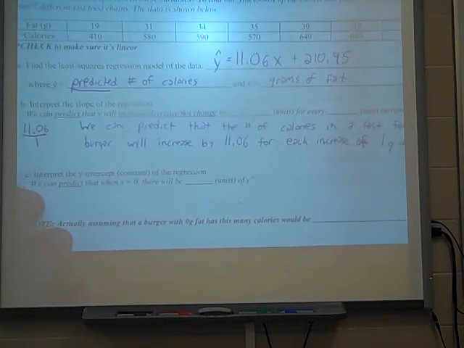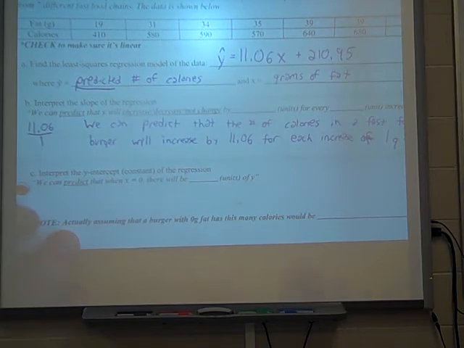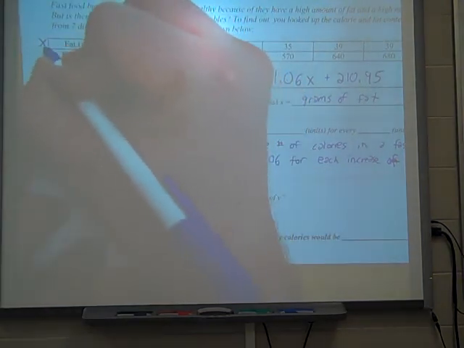Next one is interpreting the y-intercept. So we can predict that when x is 0, there will be however many units of y. So x is our grams of fat, right? Might not hurt to label those. This is our explanatory, this is our response.